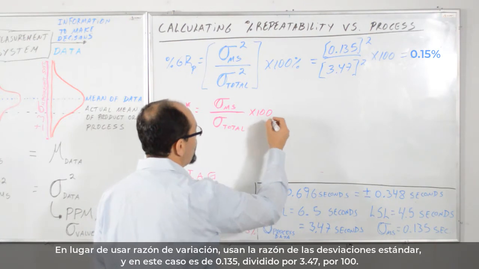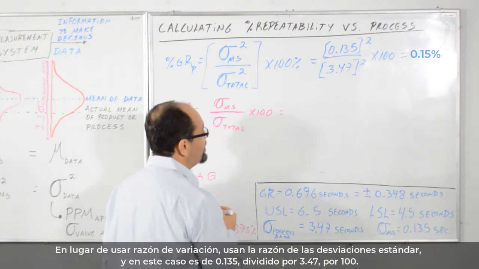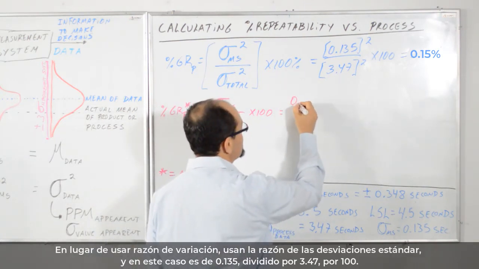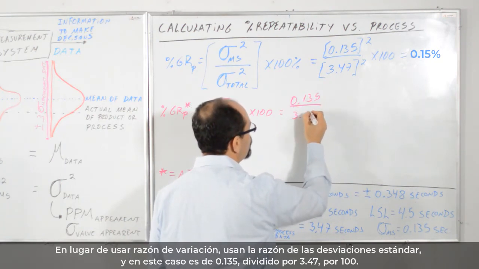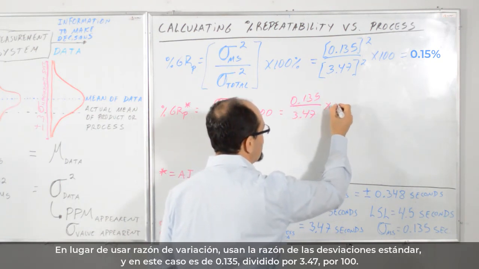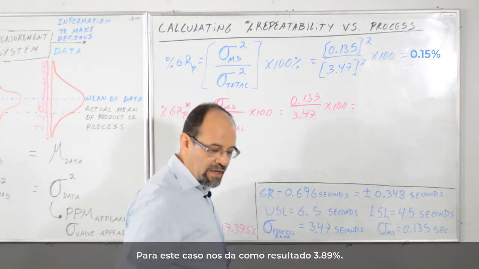Instead of a ratio of variances, it is a ratio of standard deviations. In this case it is 0.135 divided by 3.47 times 100.